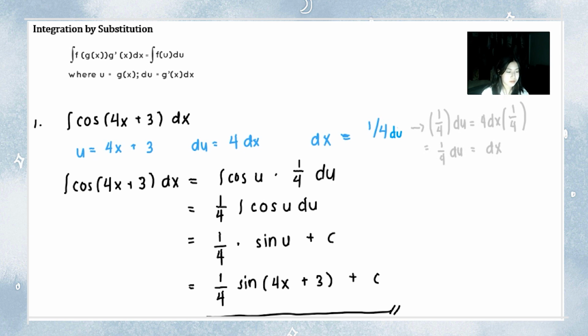Now we integrate: 1 over 4 times the integral of cosine, which is sine, so times sine u, plus c. Always remember to put the plus c. Our final answer will be 1 over 4 sine of 4x plus 3 plus c.